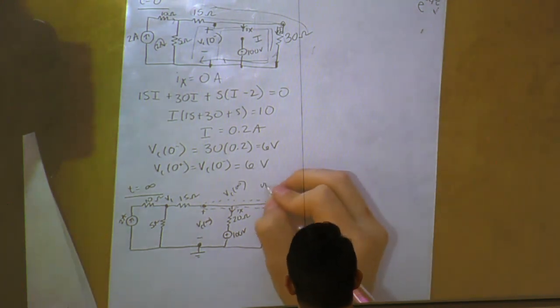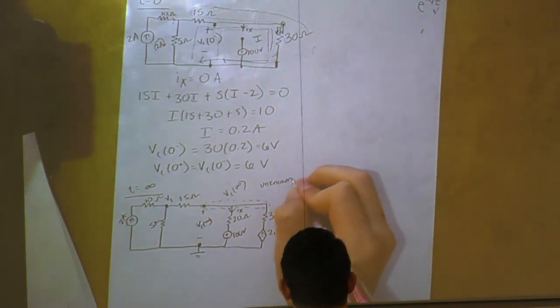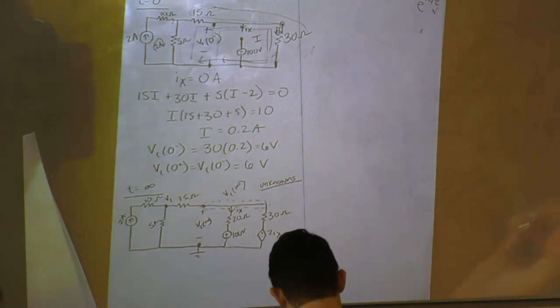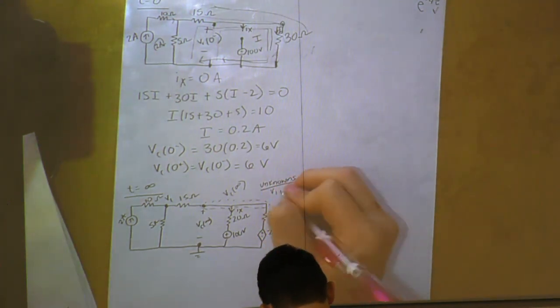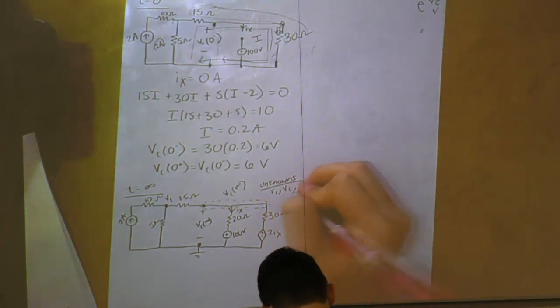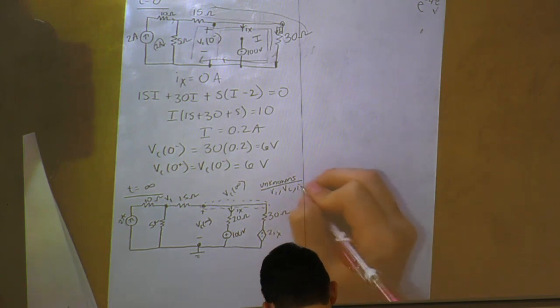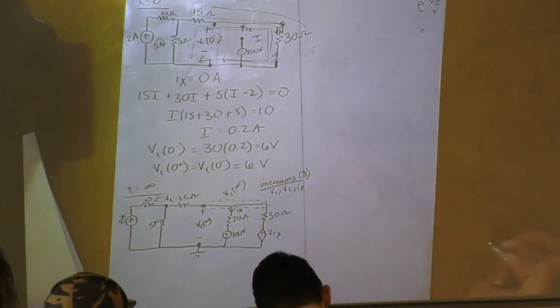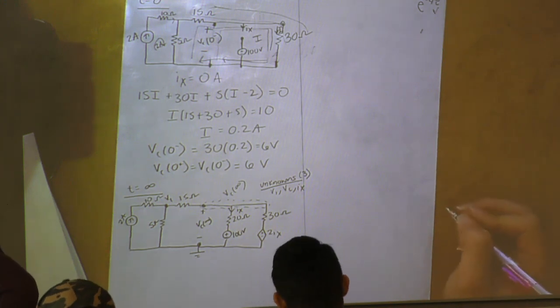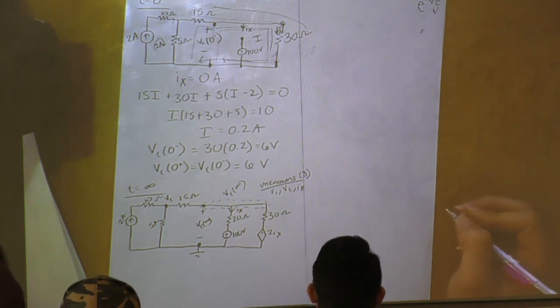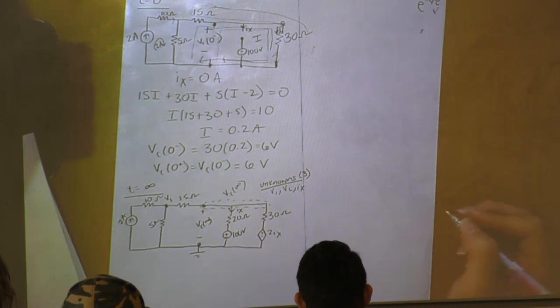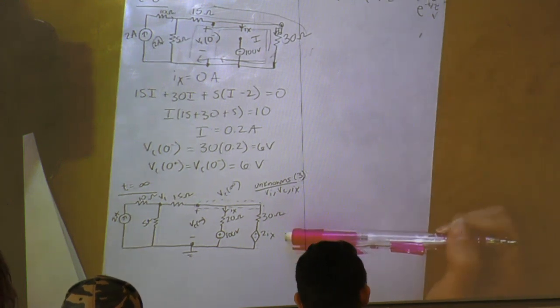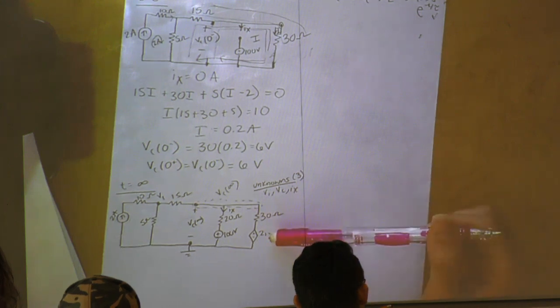So our unknowns, we have V1, VC, and IX. So we're going to get equations. One of the equations we can get is our dependent source.